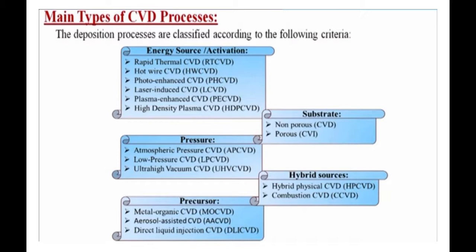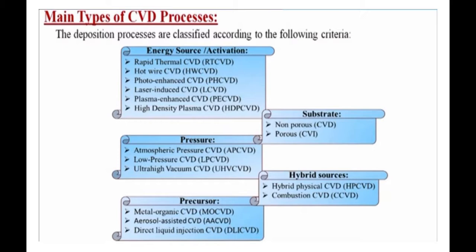So here we are trying to give this classification from our side itself, based on whatever energy we are going to use, whatever substrate we are going to use, how much pressure we are going to use, what source we are going to use, and what precursors we are going to use.